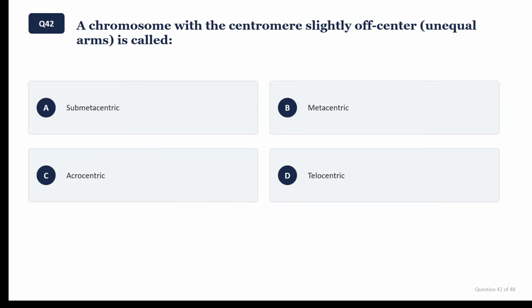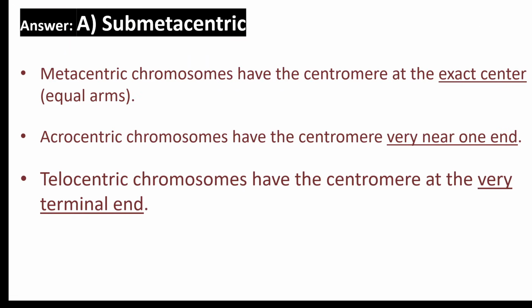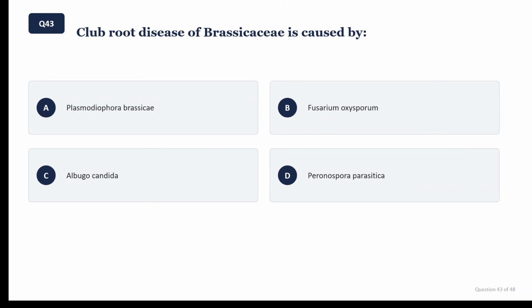A chromosome with the centromere slightly off center, with unequal arms, is called, I think, submetacentric. Metacentric chromosomes have the centromere at the exact center. Acrocentric, very near one end. Telocentric, at the terminal end.